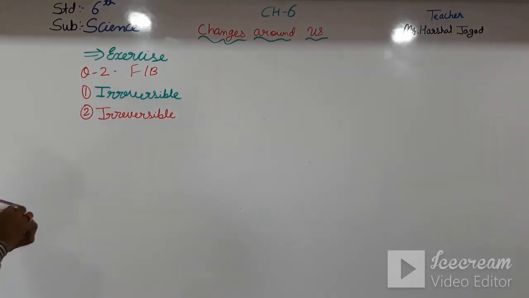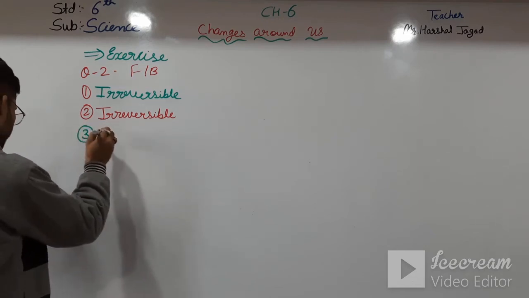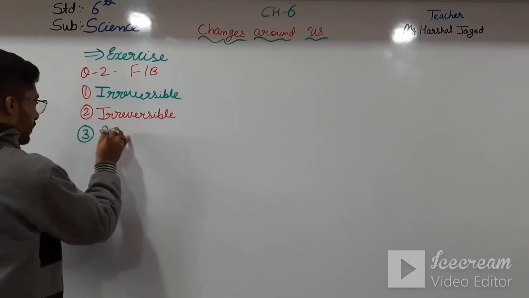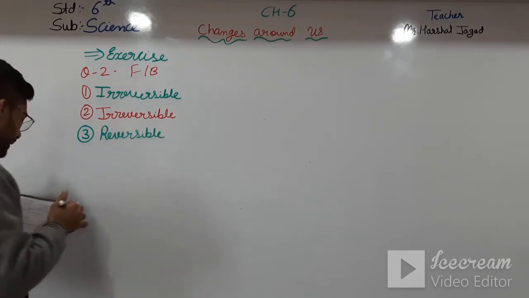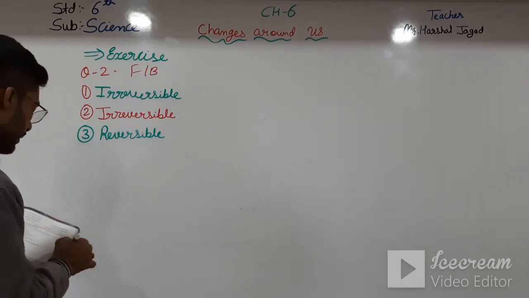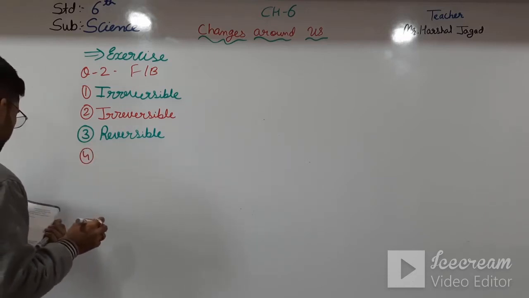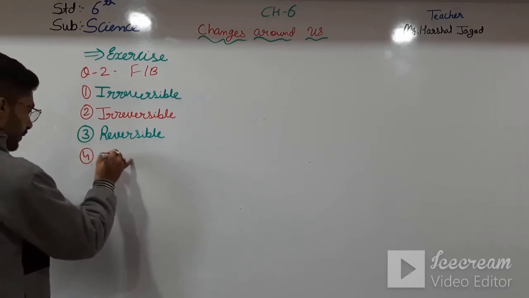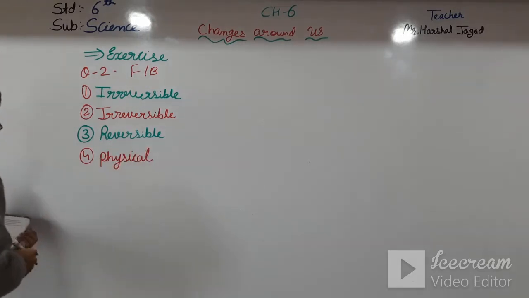Third one: melting of ice is an example of dash change. So third one, that is reversible change. Fourth one: tearing of a paper is a dash change, that is physical change.